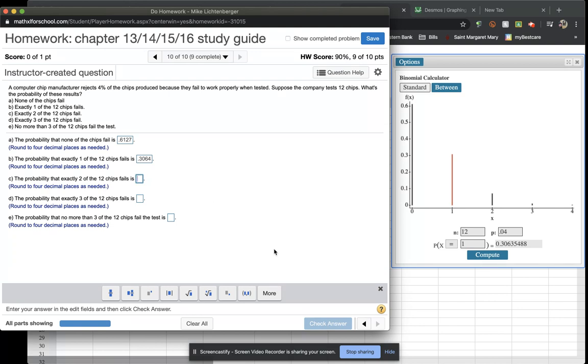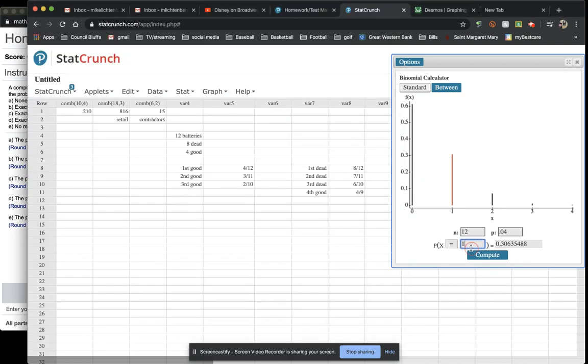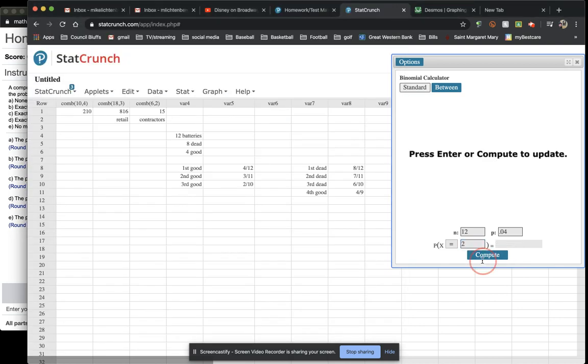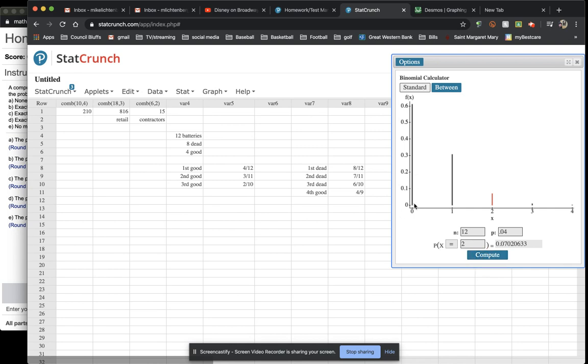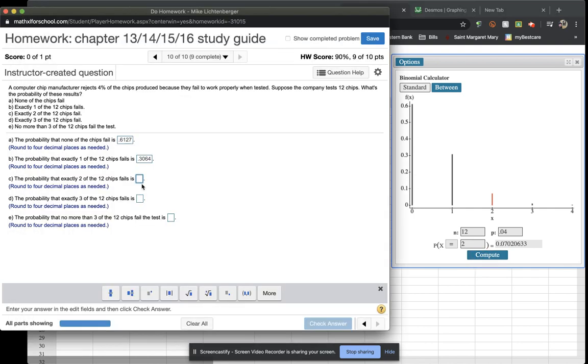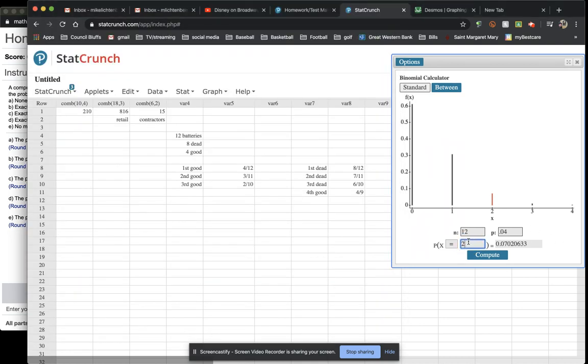Probability that exactly 2, so change the 1 to a 2. So that answer, again, to 4 decimal places will be 0.0702. Probability that exactly 3. Again, change the 2 to a 3.